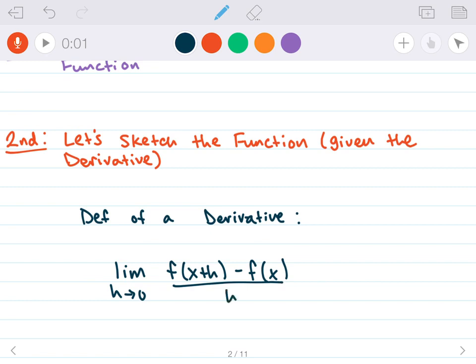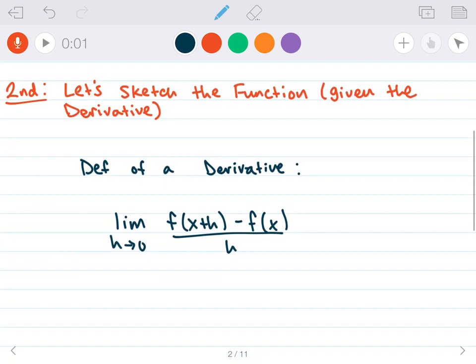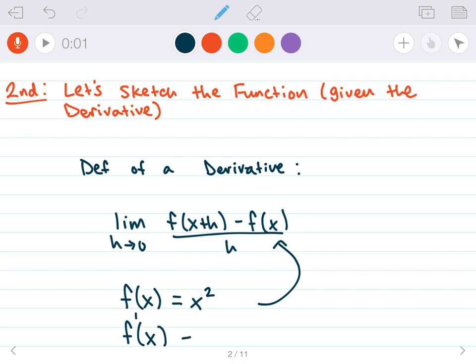And remember, we found derivatives this way in the previous video. For example, if we were given a function f of x equals x squared, we use this definition to get the derivative by plugging in x squared for f of x and plugging in x plus h for x squared. This is just a recap of what we did last time. F prime of x is going to be equal to 2x.